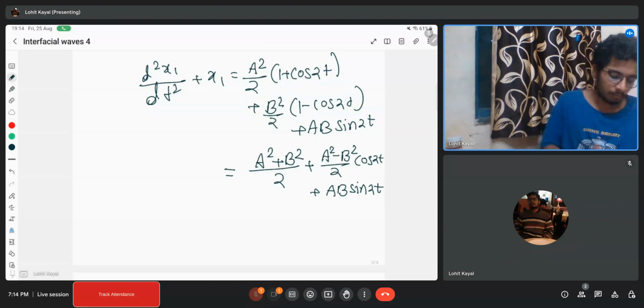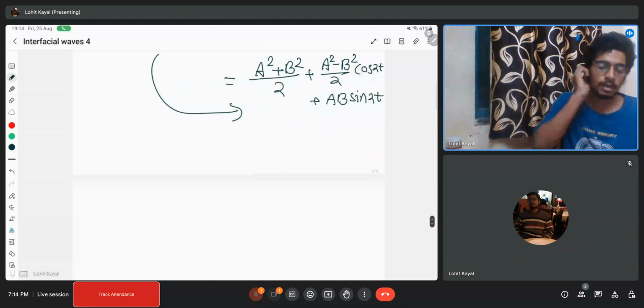So now what kind of equation is this? This is a linear and non-homogeneous equation.